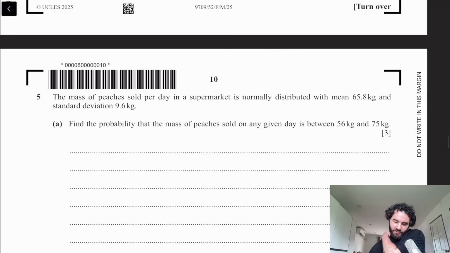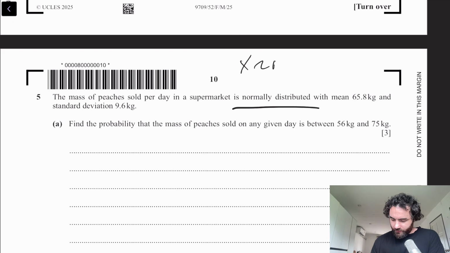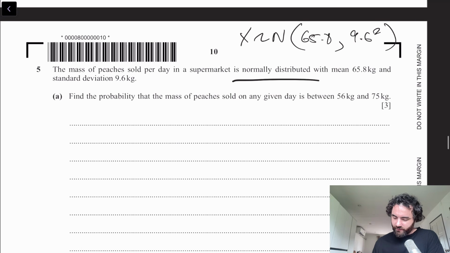The mass of peaches sold per day in a supermarket is normally distributed. Our mean is 65.8, and the variance is 9.6 squared. Find the probability that the mass of peaches sold on any given day is between 56 and 75.